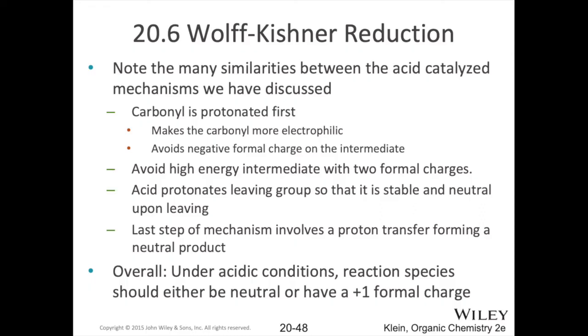Because if you do have any negative formal charges, you've got to keep in mind that you're under acidic conditions, there are protons floating around. That atom with a negative formal charge is essentially basic. It's going to try and soak up protons to use up that negative formal charge and give you a product you may not want. So be wary of that.